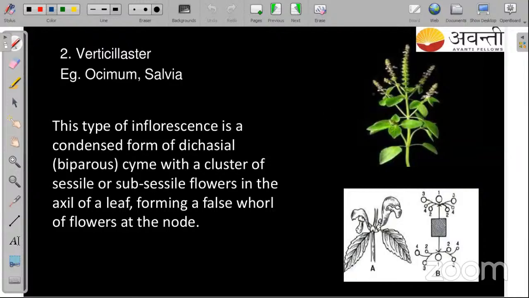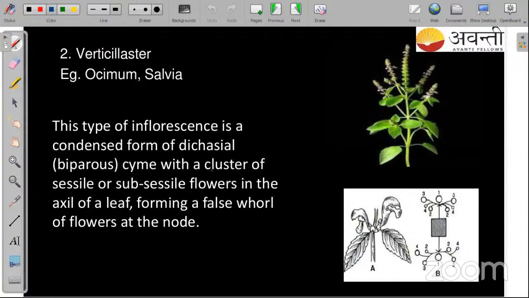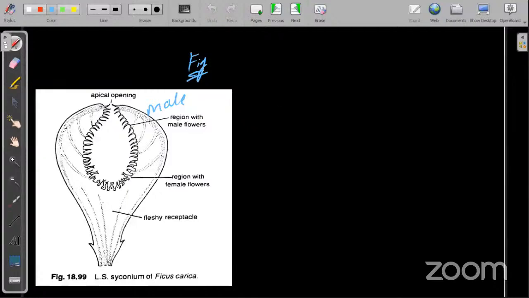So you can see this type of inflorescence looks like that, in the axil of a leaf, forming a false whorl of flowers at the node. Yes, correct, tulsi. The example is the tulsi.